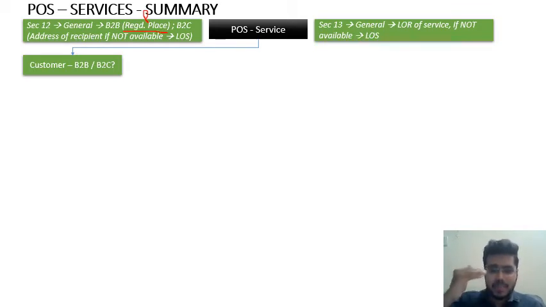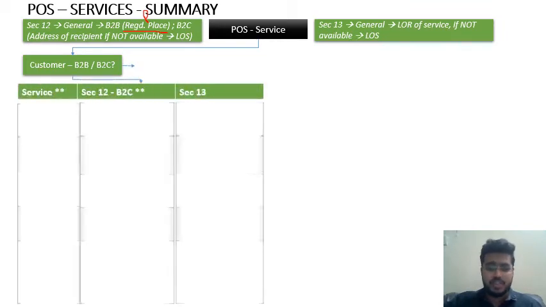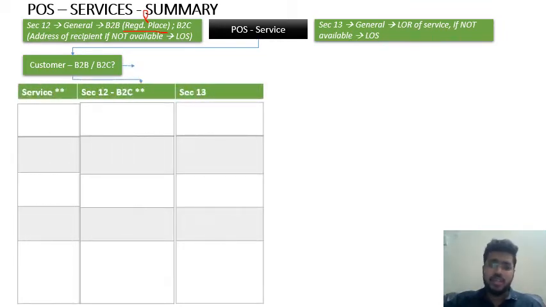Similarly, even in the specific rules, guys, you have this principle. You have to see whether the customer is B2B or B2C, and accordingly the place of supply will follow. So there are some 5 services for which, similar to the general rule, you need to see whether the customer is B2B or B2C, my friends, right? So what are those 5 services?